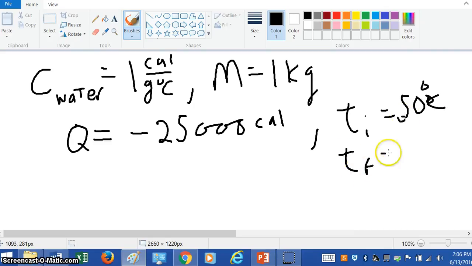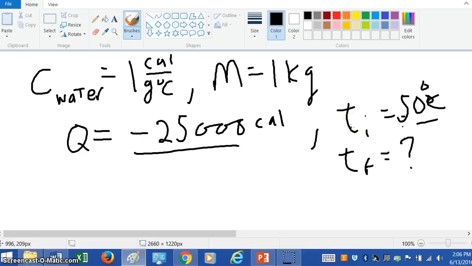If we remove 25,000 calories from 1 kilogram of liquid water, initially at 50 degrees Celsius, what's the final temperature? Okay, that's a question that we can answer with our specific heat equation.